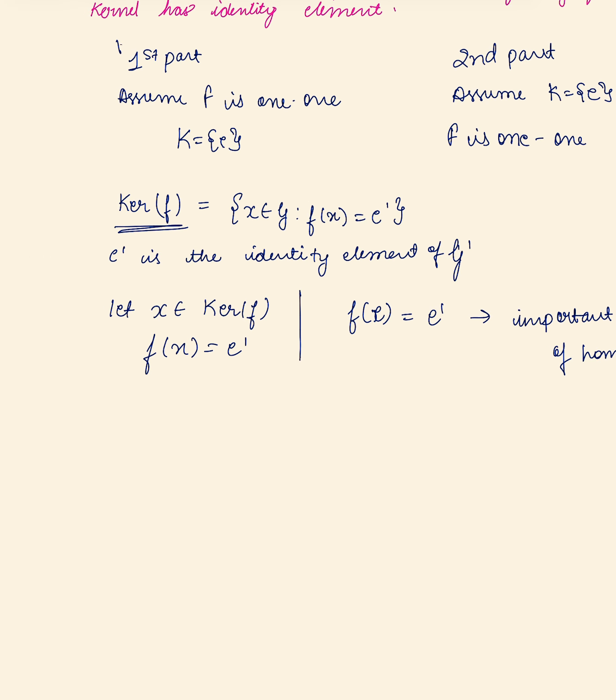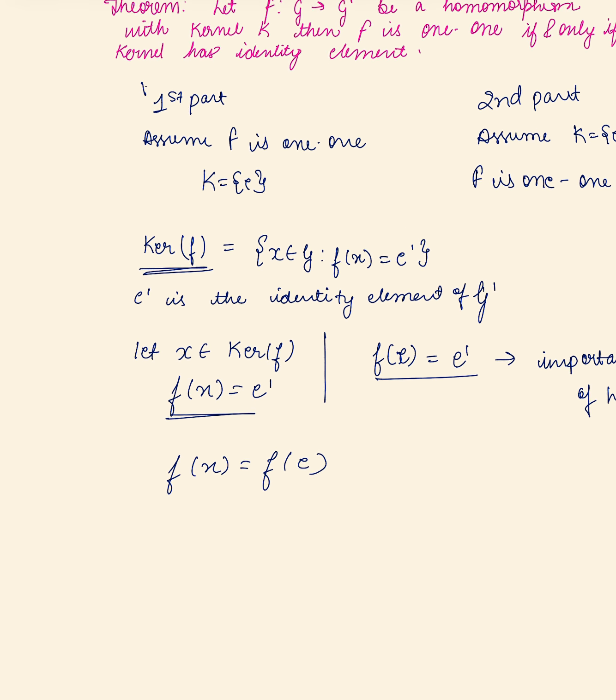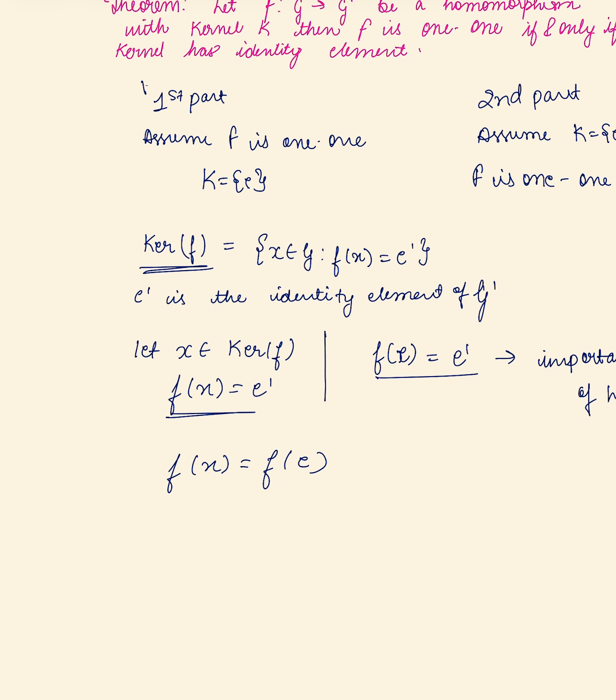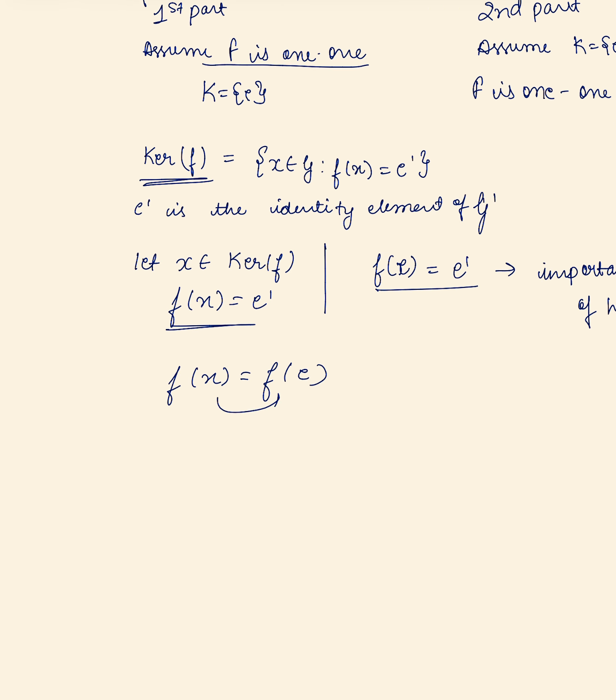Now from these two equations, I can see that f(x) is equal to f(e). We have assumed before proving this part that f is one-one. So if the images are equal, then the elements are also equal.